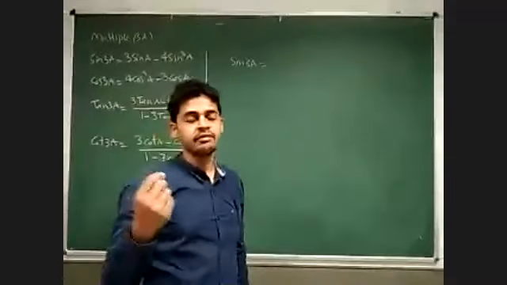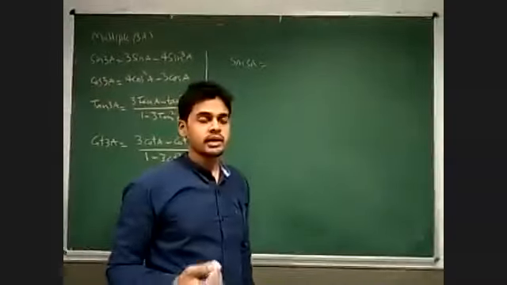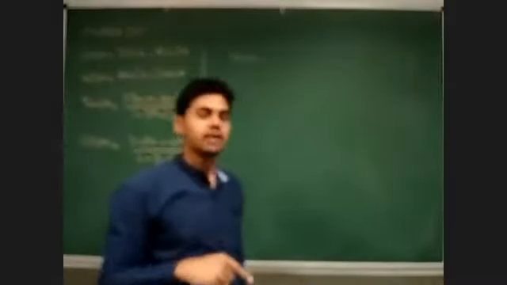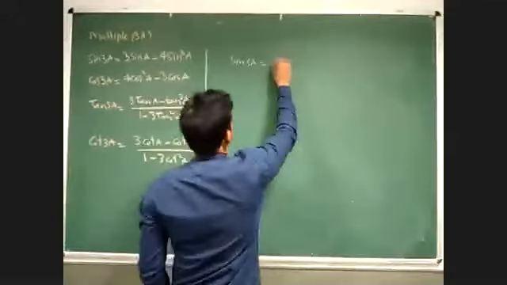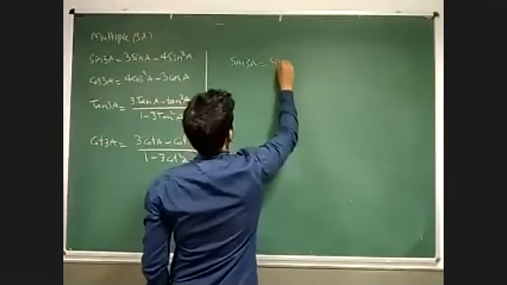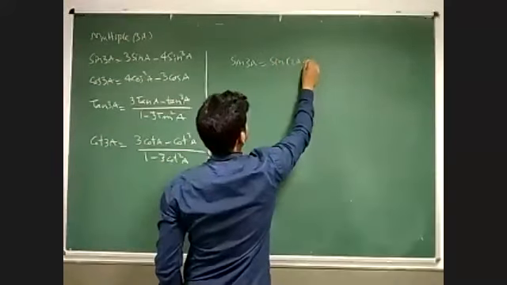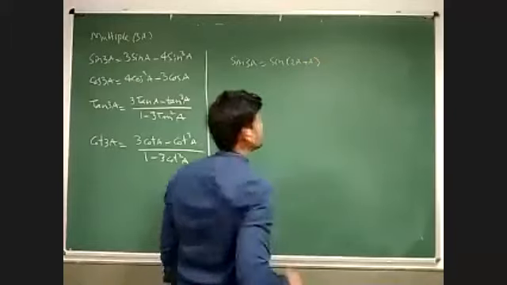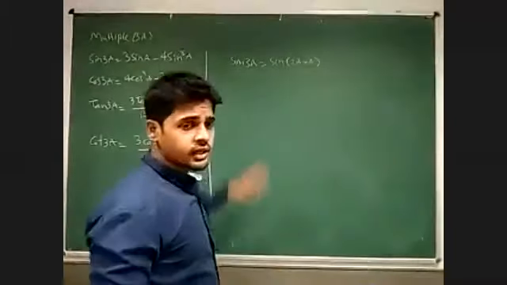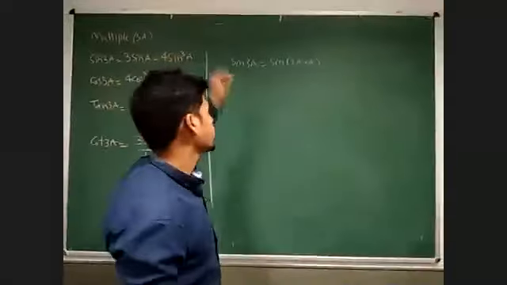So we have to use the compound angle formula and derive it with its help. So how can I write this? I can write this as sin of 2A plus A. So here I am able to use the compound angle formula.